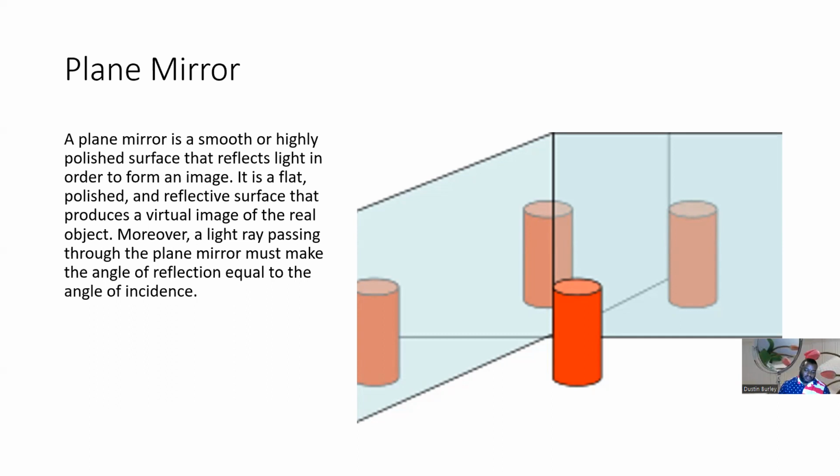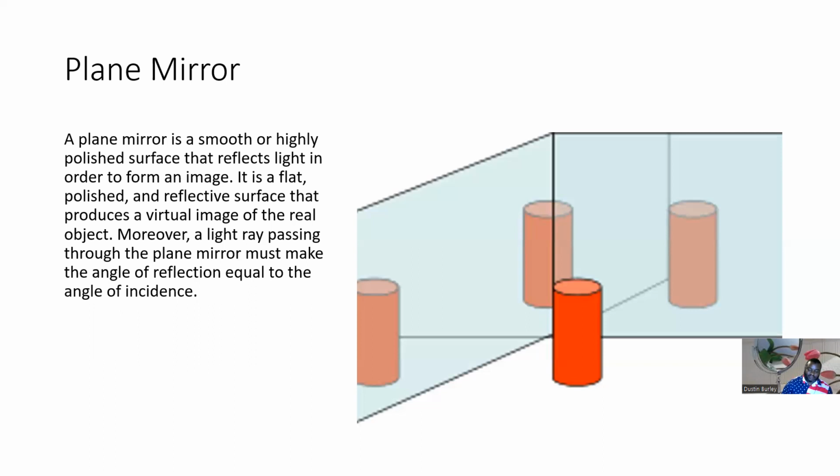Do you look into a mirror in the morning to comb your hair or brush your teeth? If you did, you probably used a plain mirror, that is a flat sheet of glass that is smooth with a silver color coating on one side. Often the coating is on the back of the mirror to protect it from damage.